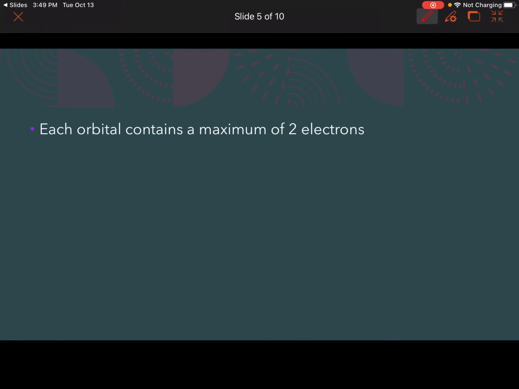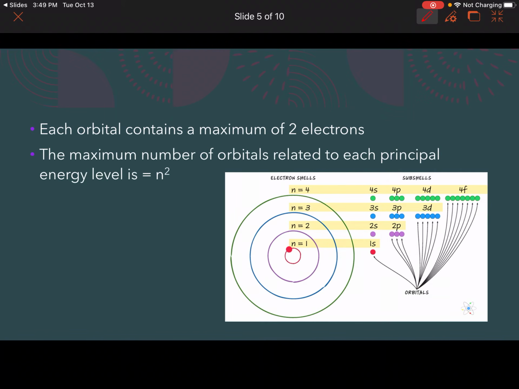Now, each orbital contains a maximum of 2 electrons. And the maximum number of orbitals related to each principal energy level is n squared. This will make more sense as we go. So just write this down for now, and that will make more sense once we really get into this stuff, which will be next lesson.